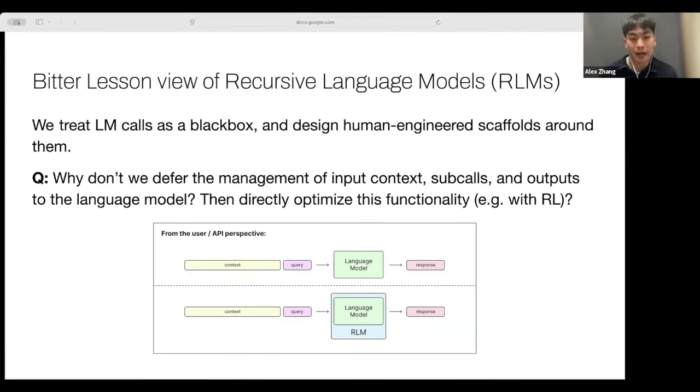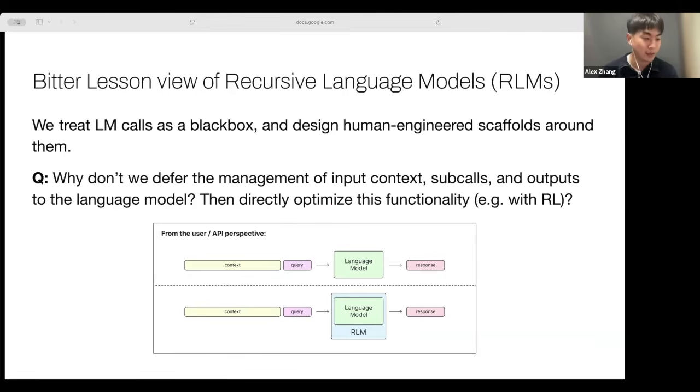And if we have some more fixed, common, quote unquote scaffold, there is a way where we can train our models to be better at using this specific scaffold. I think usually we don't do this because it's quite expensive. But in a lot of ways, this is what reasoning models have been doing in the past half a year to a year.